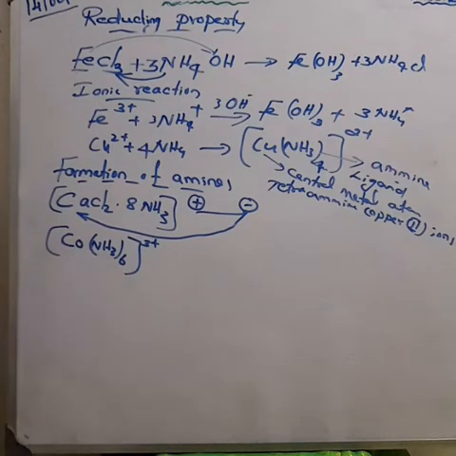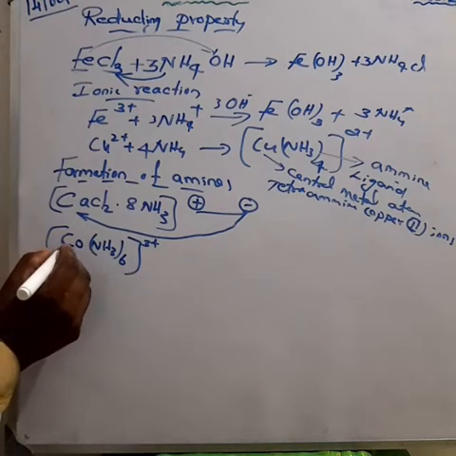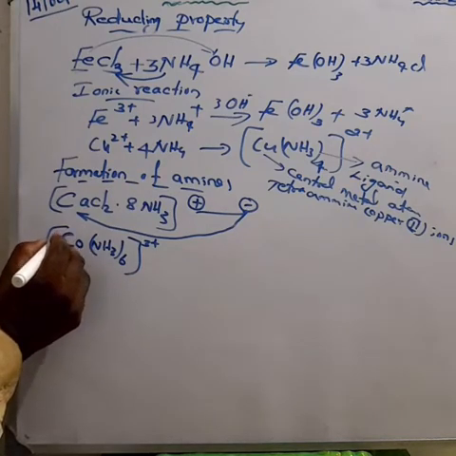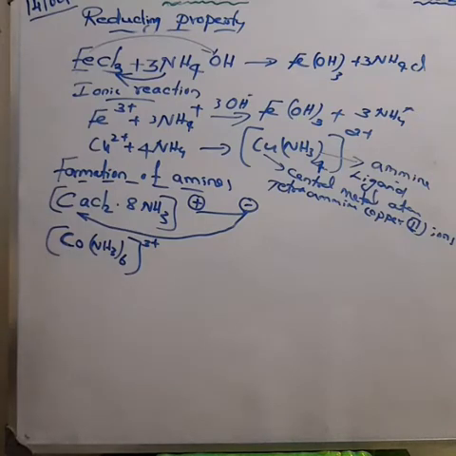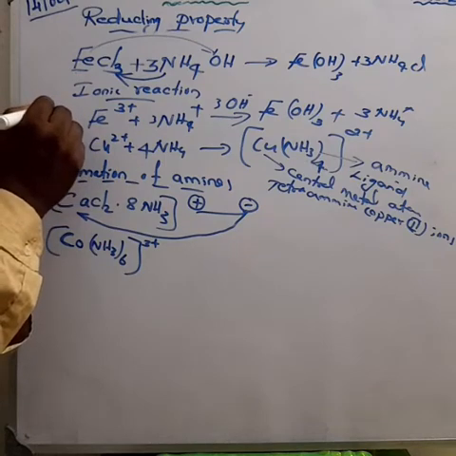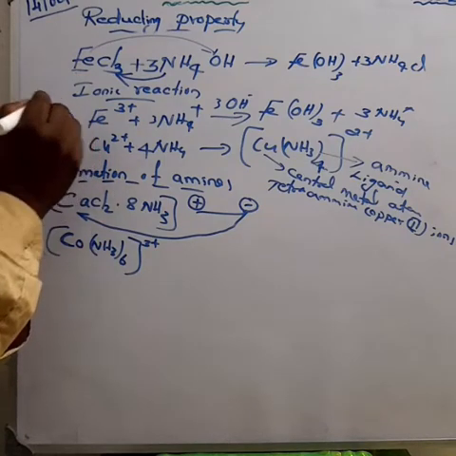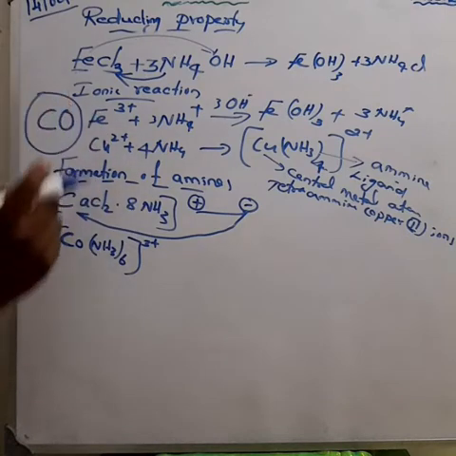[Co(NH3)6]3+. Co means cobalt. Okay, Co, capital C, small o means cobalt. Capital C and capital O means carbon monoxide. Okay, don't forget that.